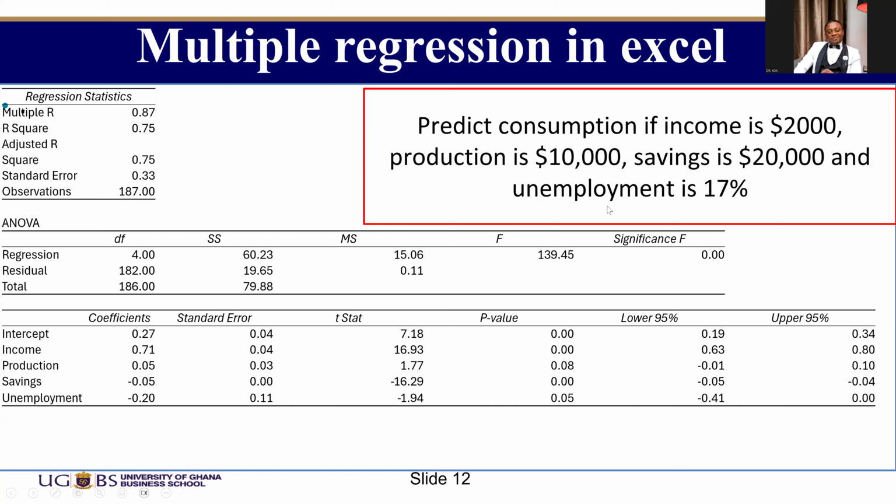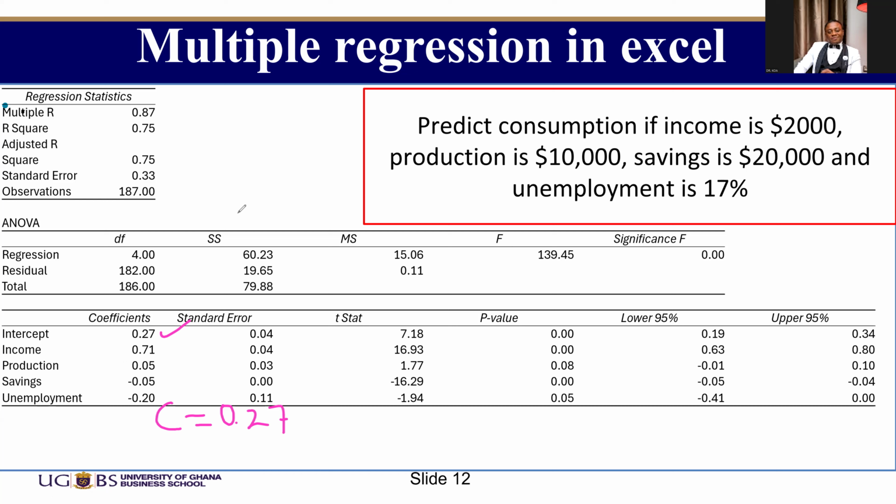Ladies and gentlemen, it's very simple. What you have to do is to take these values. So watch it. I'm just going to manually do this for you so that you know how it works. So you are looking for the value of consumption. And consumption will be equal to this first value, 0.27.